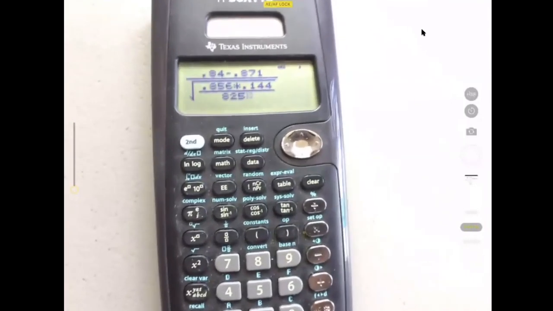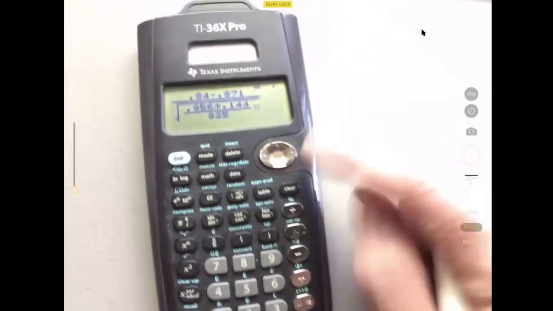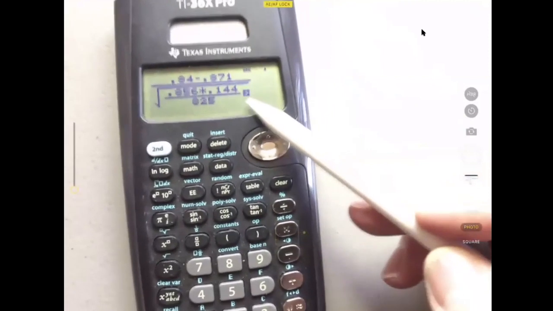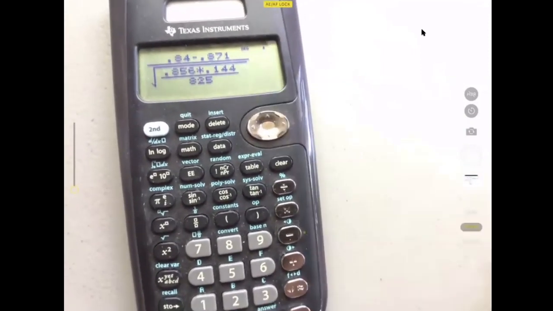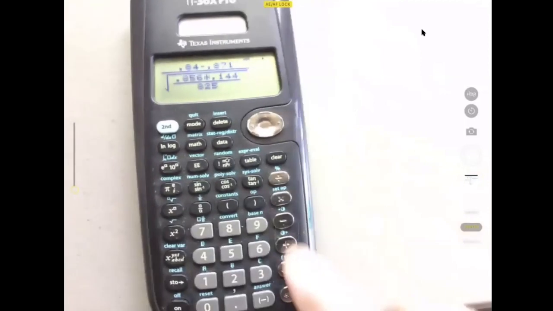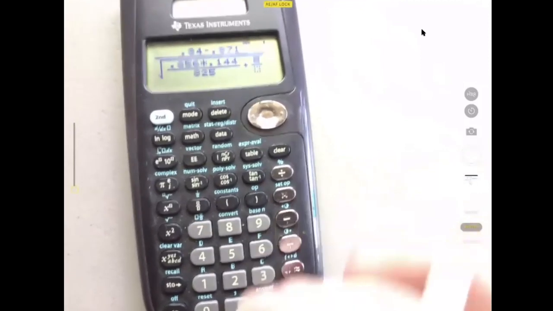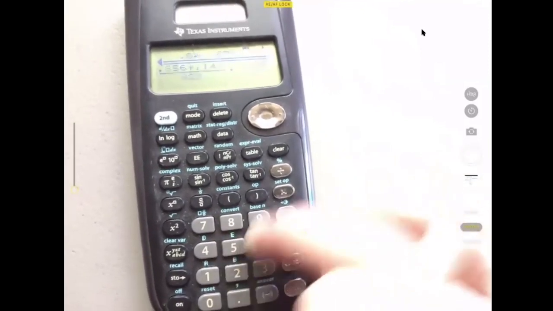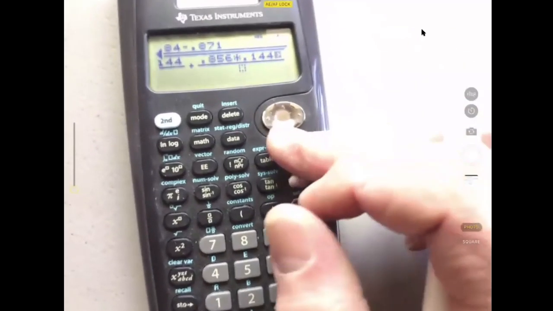Okay. Now don't leave the square root. So your blinking cursor, once you leave that fraction, the blinking cursor still needs to be under the square root symbol. So make sure, and then plus another fraction with the same numerator. Okay. And now your calculator starts scrolling and you can't see the whole expression.